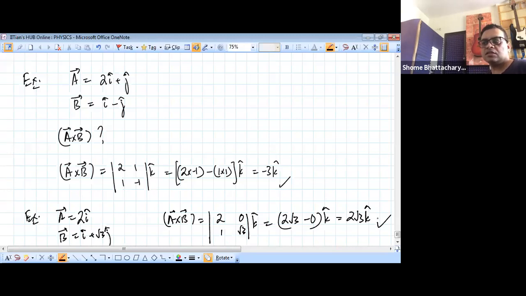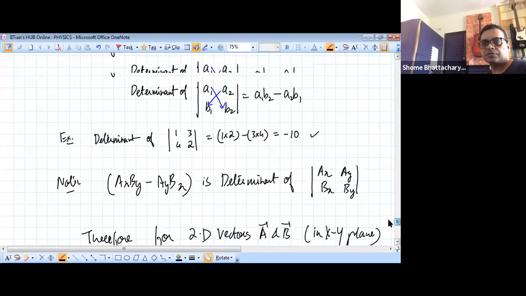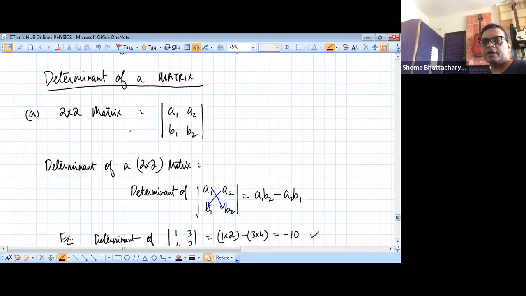Okay, so Ananya, this is just a formula that we use to find something called determinant of a matrix. Okay. So a 2 by 2 matrix is an arrangement of 4 numbers like this, into 2 rows and 2 columns.